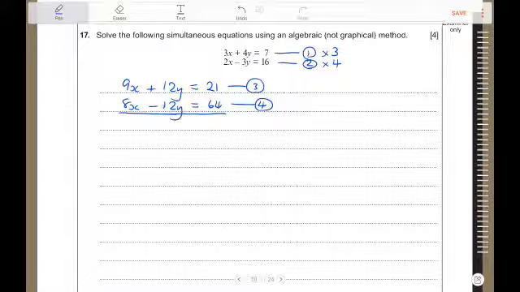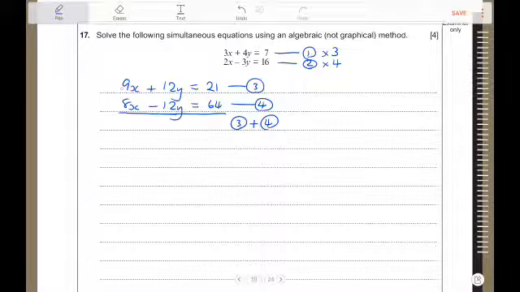So, different signs, add them, but use a bit of logic. Plus 12 added to minus 12 is obviously 0. So I'm going to write on the side here, equation 3 plus equation 4. Now I really harp on about using the labels and saying what you're doing as you go through these simultaneous equations, because it helps you remember the next step.